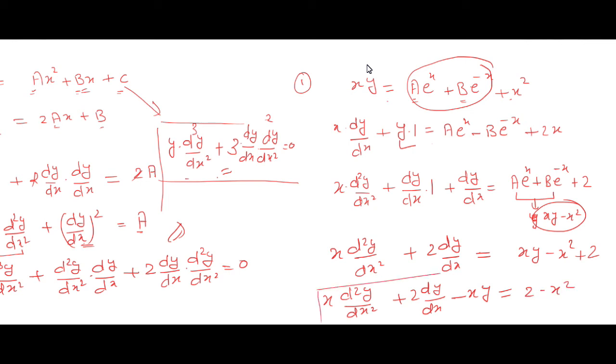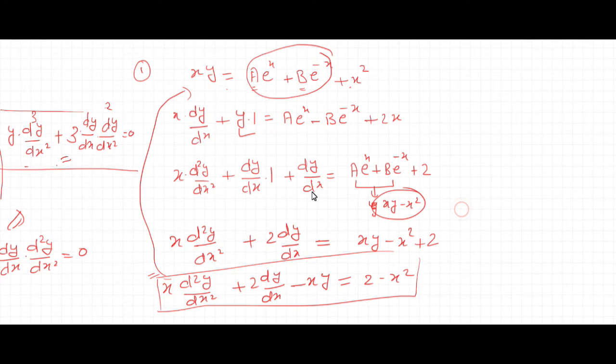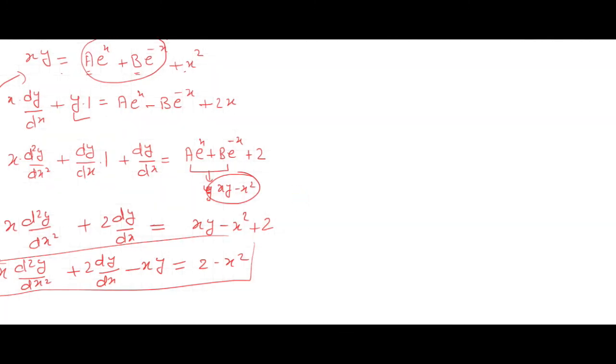So this means if you solve this type of differential equation, you will get such a solution, or if you have such a solution, then these solutions are the solution of this type of differential equation. So both are complementary to each other.